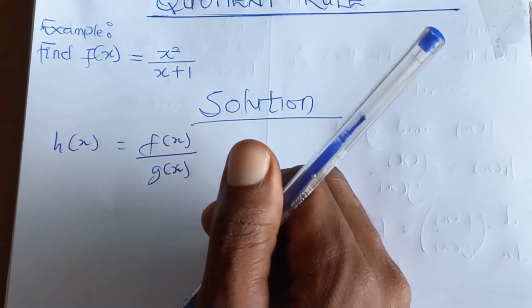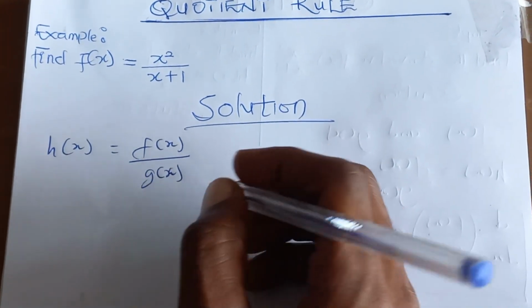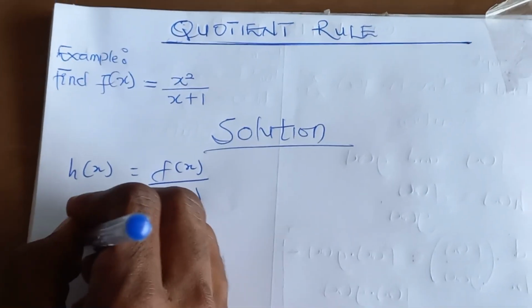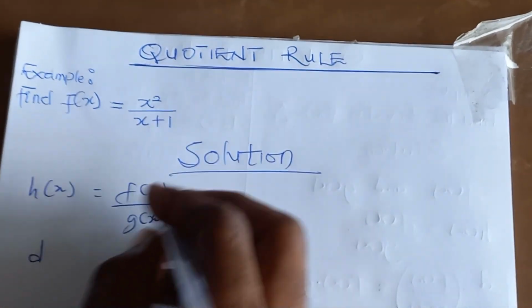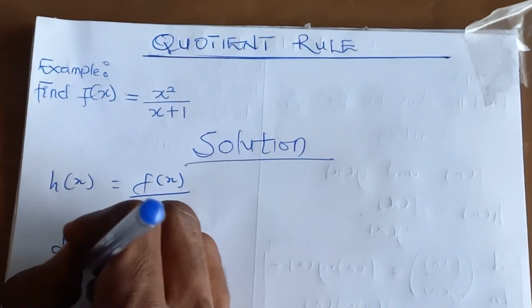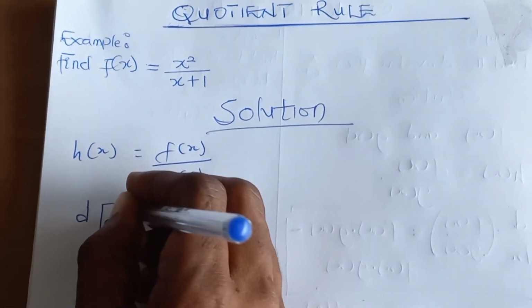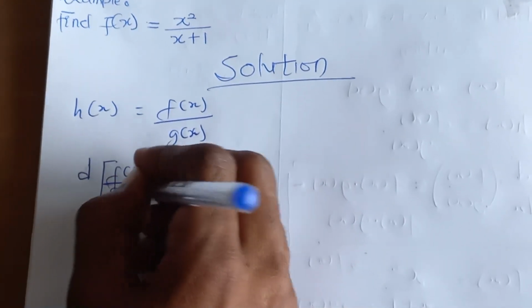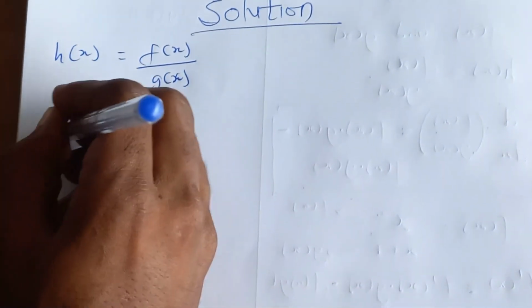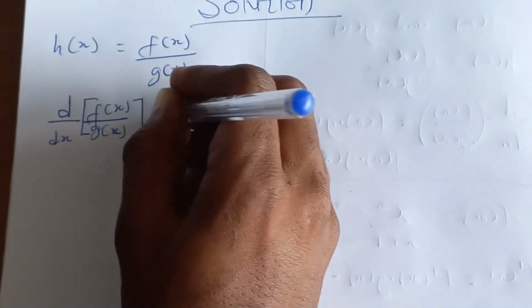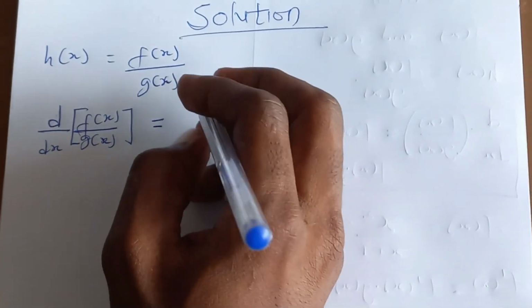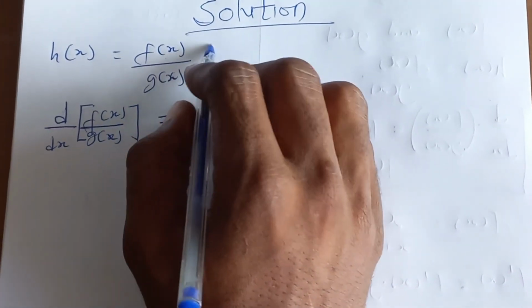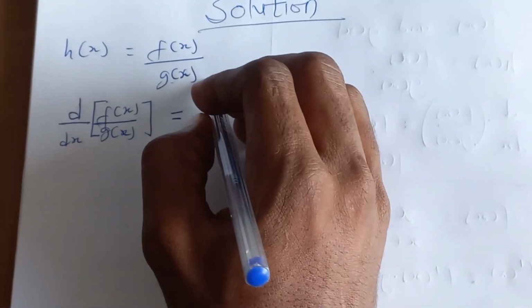Under calculus, you need to use the quotient rule to solve this type of question. The quotient rule says the derivative of the function f of x on g of x with respect to x is equal to, there's the numerator and there's the denominator.